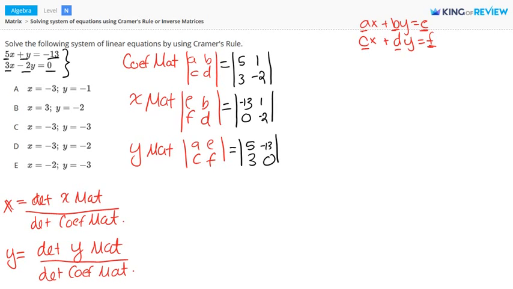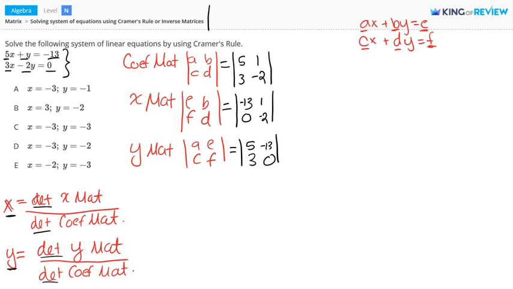So now we've set up our three matrices. Now we want to solve for x and y. Looking at Cramer's rule for x and y, we need to find the determinants of these matrices. So what is a determinant? A determinant is a real number that's associated with a square matrix.